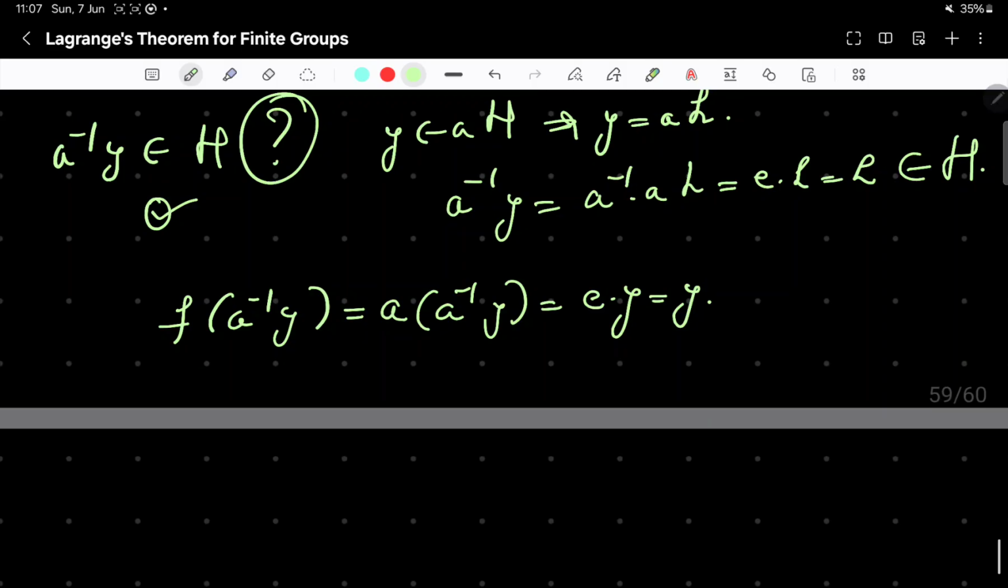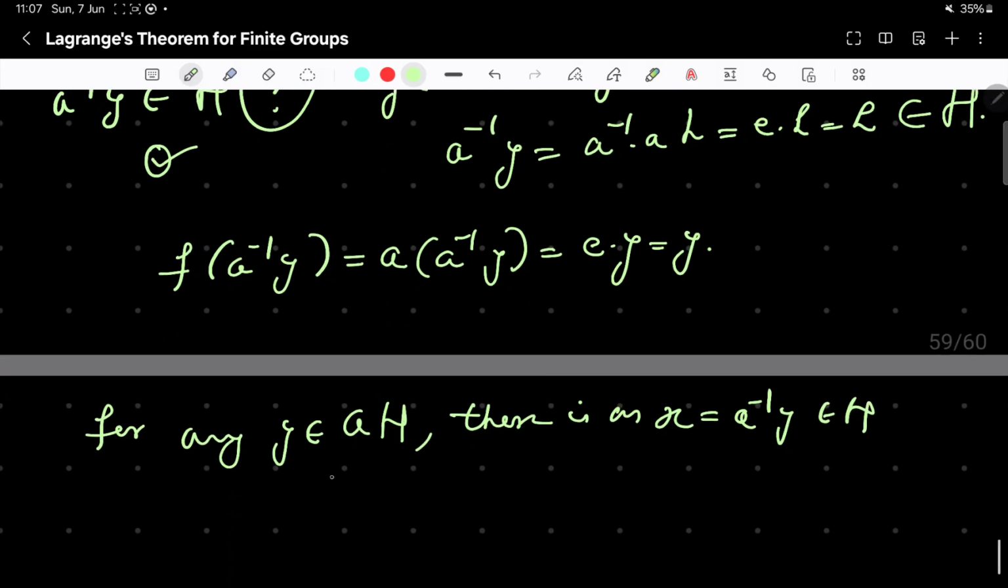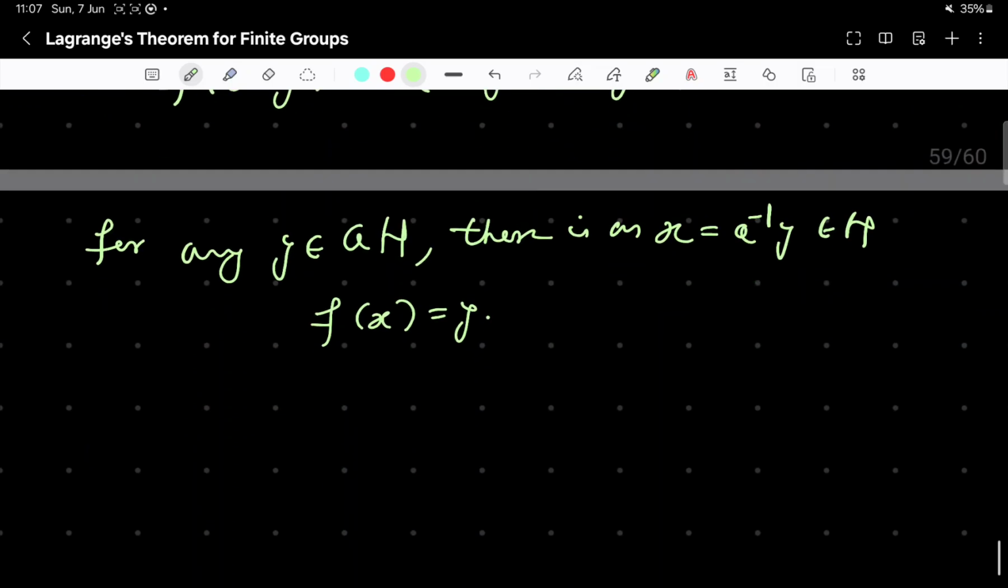So what we have proved is, for any y in AH, there is an x, in fact that fellow A inverse y in H, such that f of x equals y. So that is the idea of onto, because every element in the codomain is in the range of the function. So what we have just proved is that the cardinality of H is equal to the cardinality of AH.